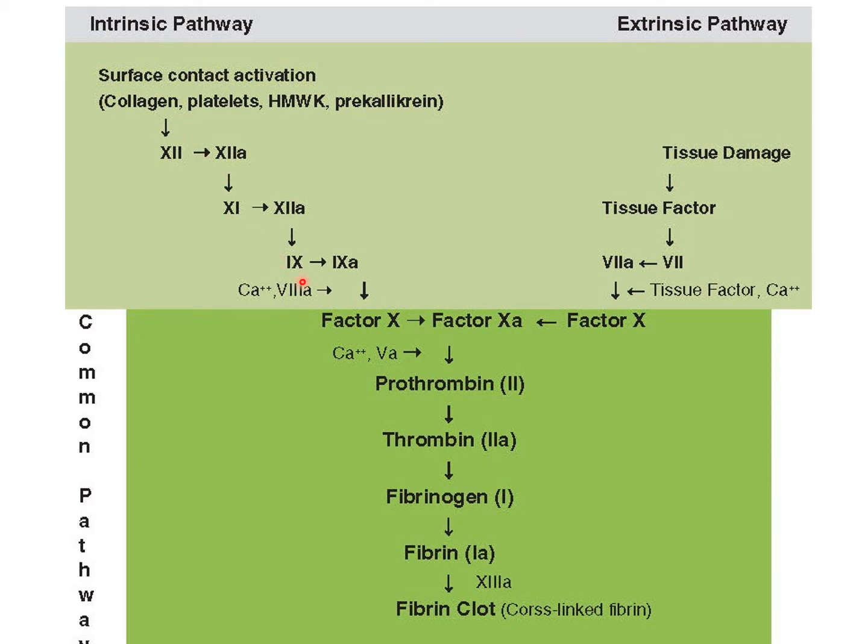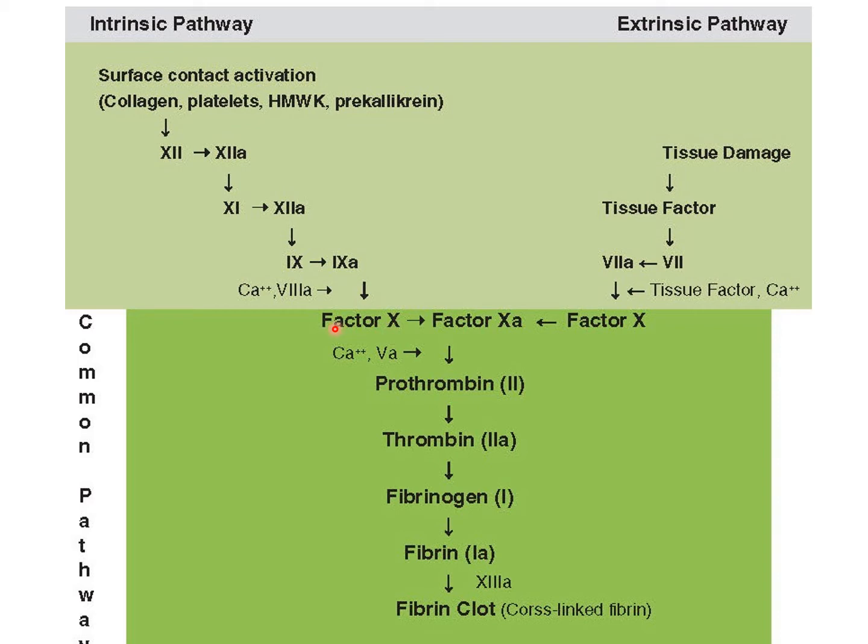You don't have to remember all these steps. What you need to remember is that the extrinsic pathway is triggered by tissue damage, whereas the intrinsic pathway is triggered by internal damage to the cardiovascular system, and both pathways converge at the activation of factor 10. So that is where the common pathway starts.